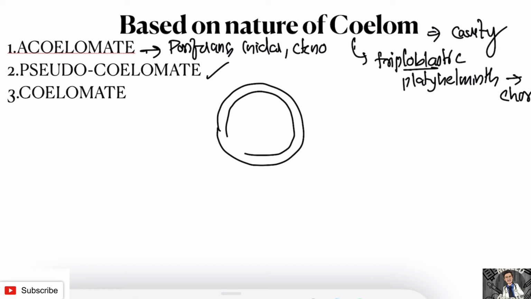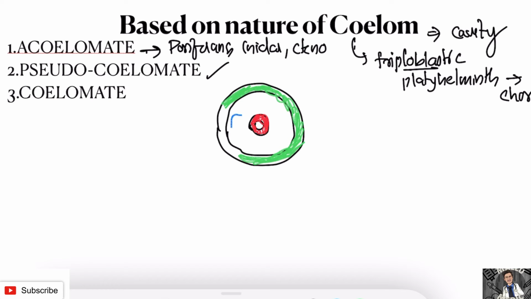For example, I'll give you an illustration. Suppose, in red we drew the endoderm, then in green we drew the ectoderm. Okay, I'm not filling it up. Then in blue we drew the mesoderm, right?